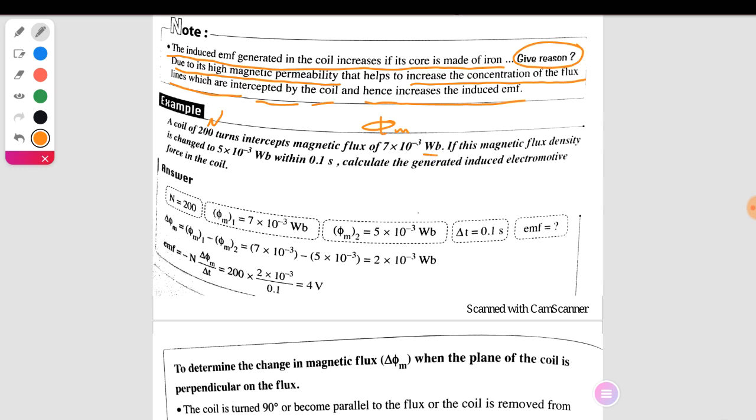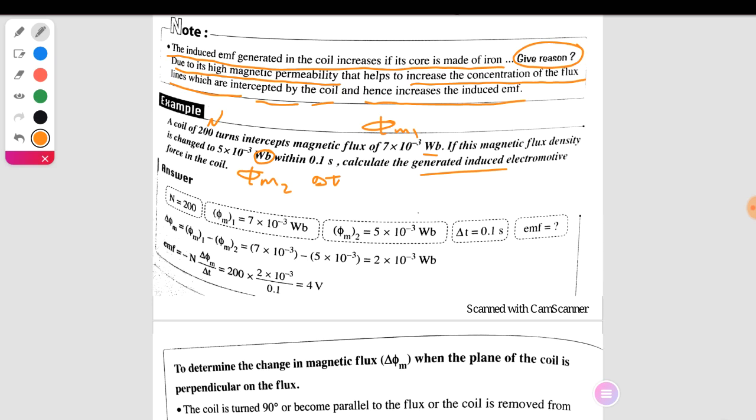If this magnetic flux is changed to 5 times 10 power negative 3 Weber, this is the first magnetic flux and this is the second magnetic flux, through a time delta t of 0.1 second, calculate the generated induced electromotive force in the coil.